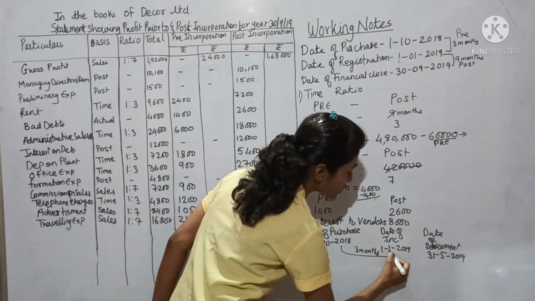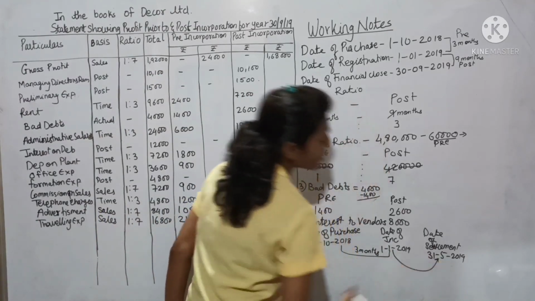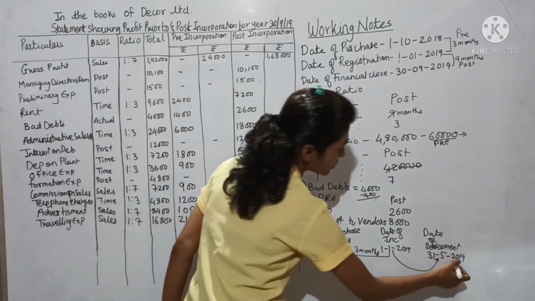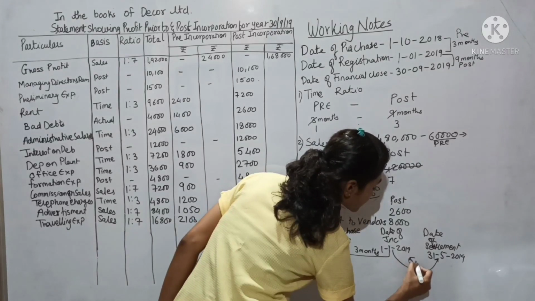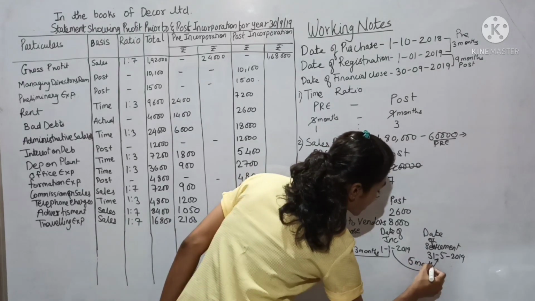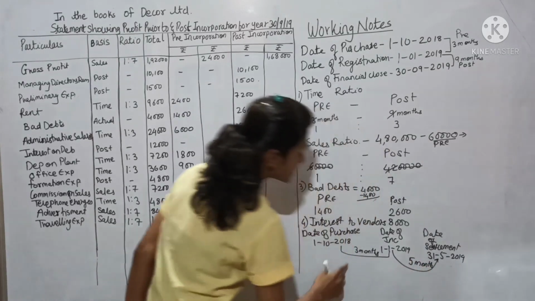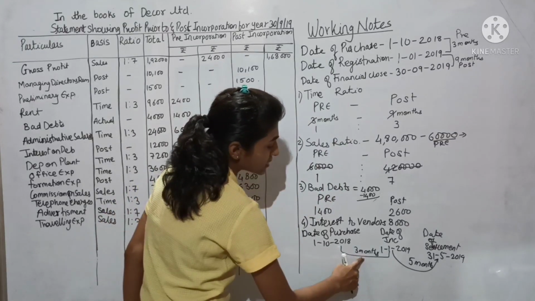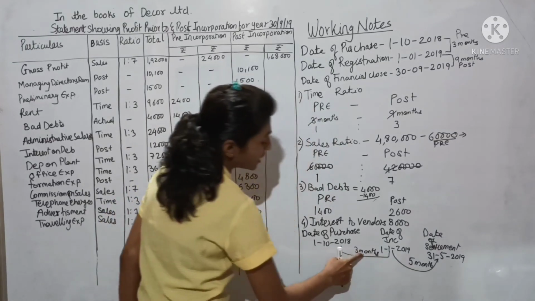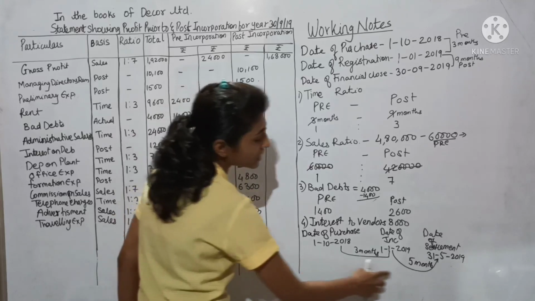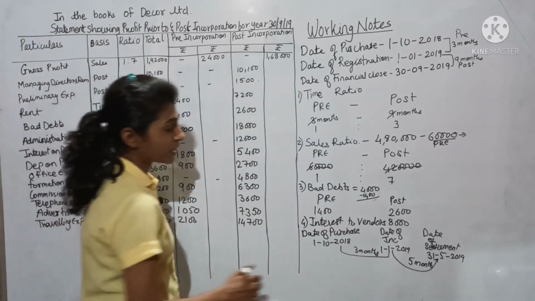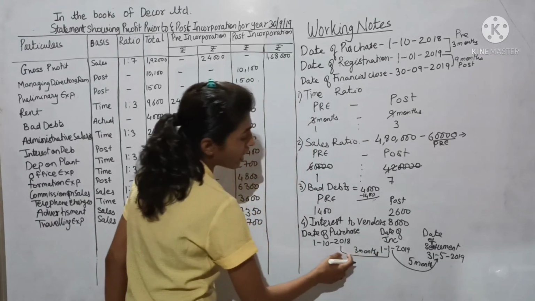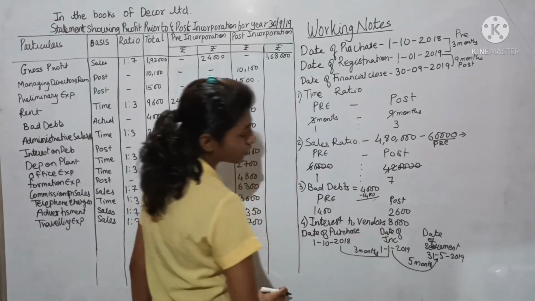So from 1st Jan to 31st May 2019, how many months? 5 months. That means the interest for 3 months will be for pre-incorporation, and for 5 months the interest will be of post-incorporation. So we have to distribute the 8,000 rupees in the ratio 3:5.